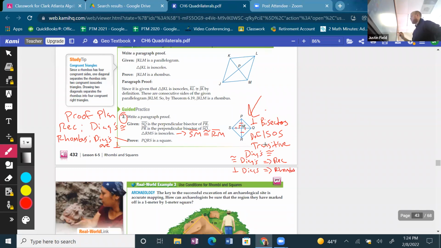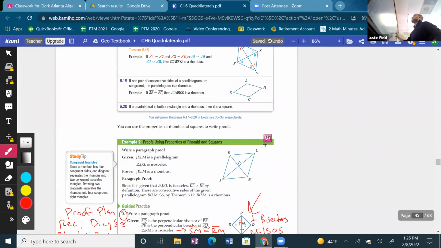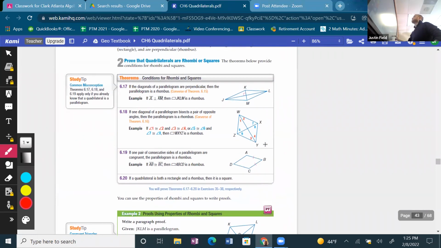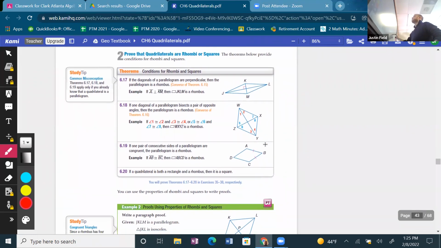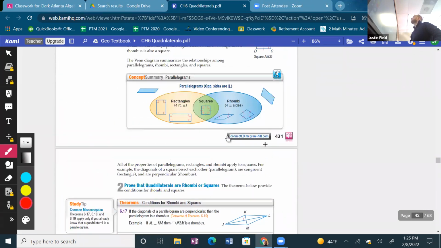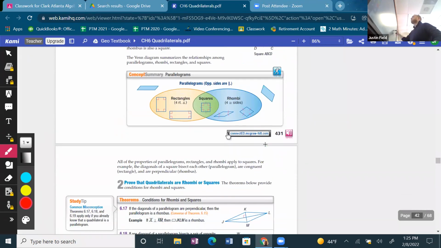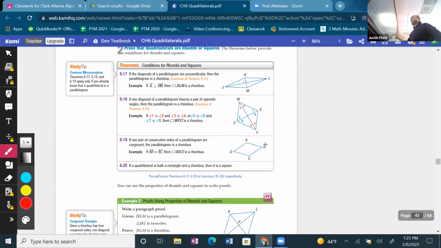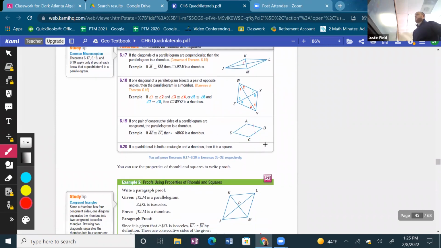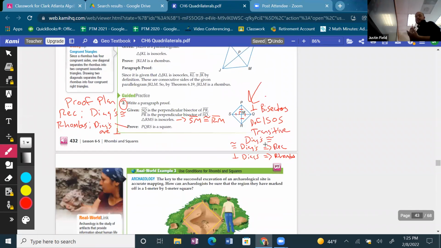And if we have a rhombus and a rectangle at the same time, by the theorem that I just read, conditions for a rhombus, theorem 620: if a quadrilateral is both a rectangle and a rhombus, then it's a square. So we're proving that it's a rectangle, congruent diagonals, it's a rhombus, perpendicular diagonals, it's a square.